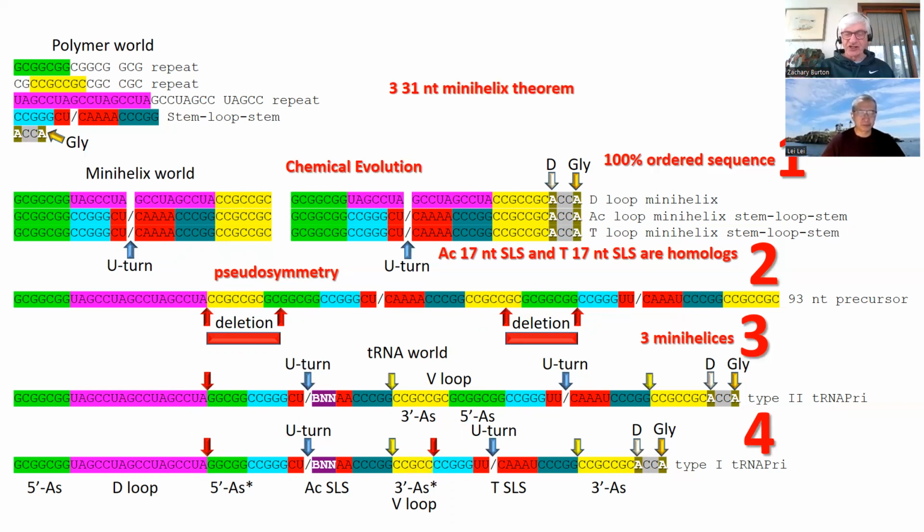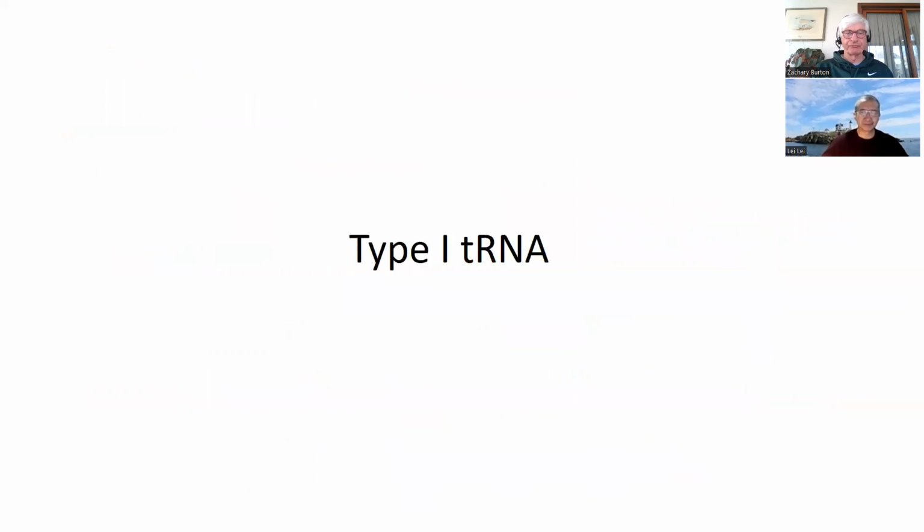And everything on this slide is certain. The only slight ambiguity is in the sequences of these 2 loops before LUCA, the last universal common cellular ancestor.